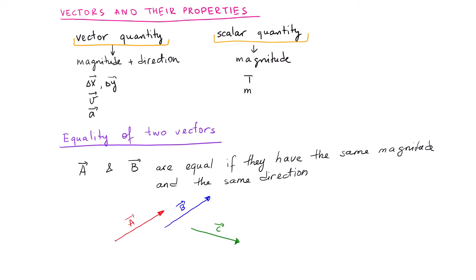So you can take, let's say, vector A and move it from its place to somewhere here. As long as it's parallel and it has the same magnitude, this vector remains the same.